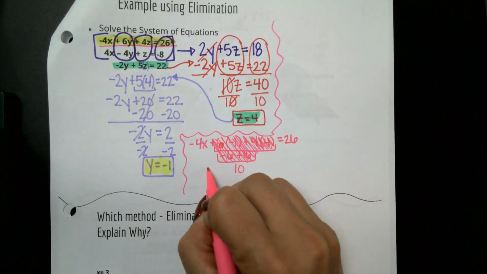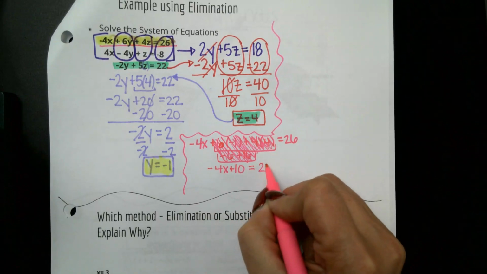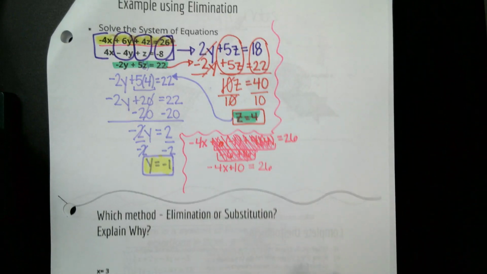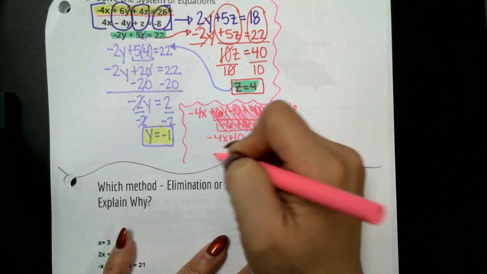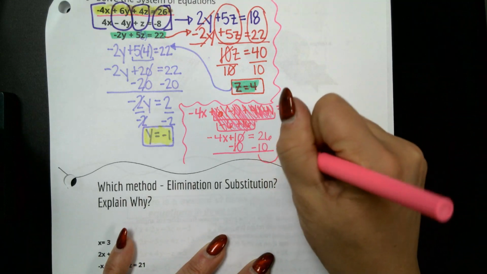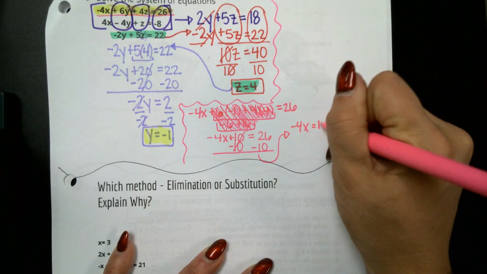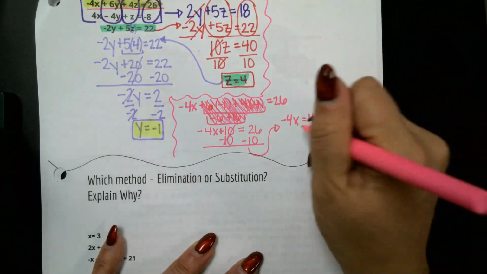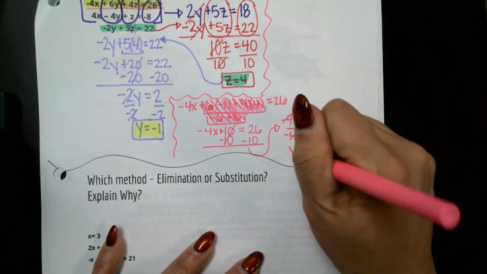I can bring down that -4x plus, and then the 26. Subtract them on both sides. And then divide. -4x equals 16. Then divide by -4 on both sides. Perfect. Good job.